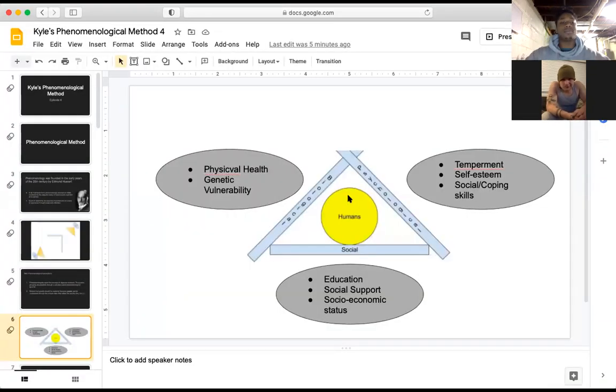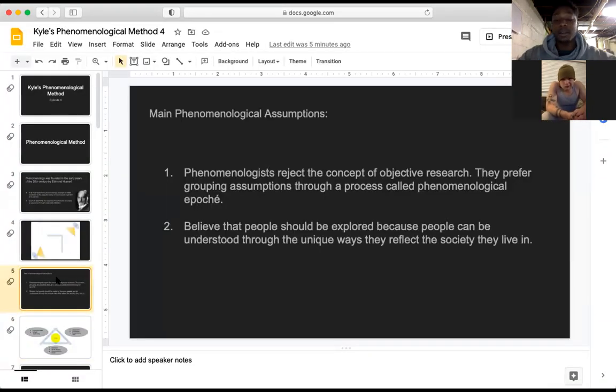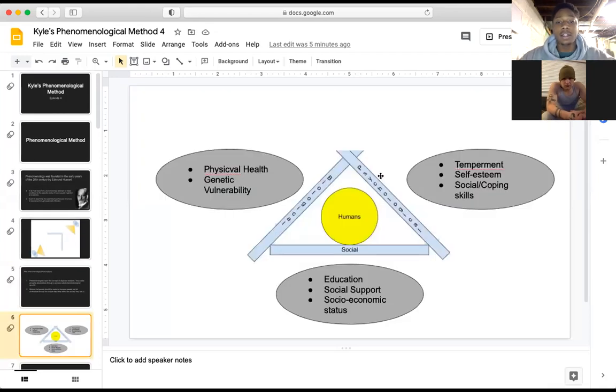All right. So I'll just restate the point we were just at. Phenomenologists believe people should be explored because people can be understood through the unique ways they reflect the societies they live in. For this, I just imagine society or humans as being in a circle of mirrors, and the mirrors could be labeled as psychological, biological, social, and these mirrors are reflecting the light of being human.